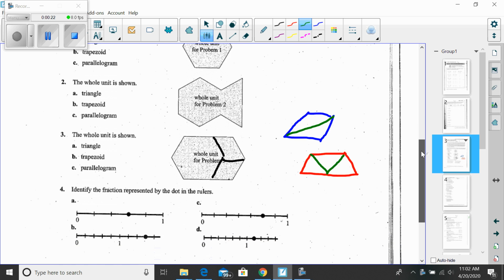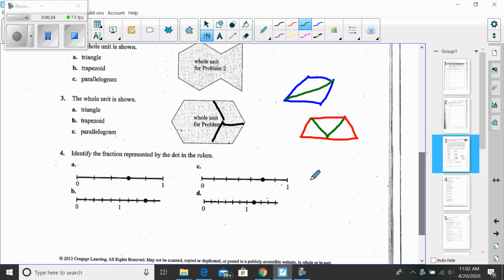So looking at number 3, if I decide to let the whole be this shape here, which is composed of the yellow hexagon, and then it is made up of 2 parallelograms. Okay, so if I want to determine the value of the triangle, I have to determine how many triangles would make up the whole.